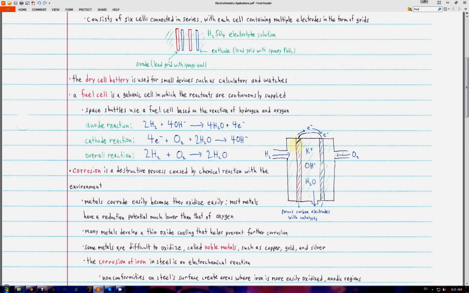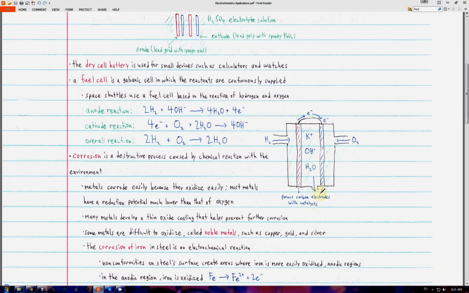And then the electrons flow through this wire and power whatever is in the circuit. And then they come back to this electrode over here. And then at this cathode, oxygen comes in and then it reacts with water and these electrons to produce hydroxide. And then this hydroxide can be used again in the anode reaction. And the excess water has to leave through here as steam.